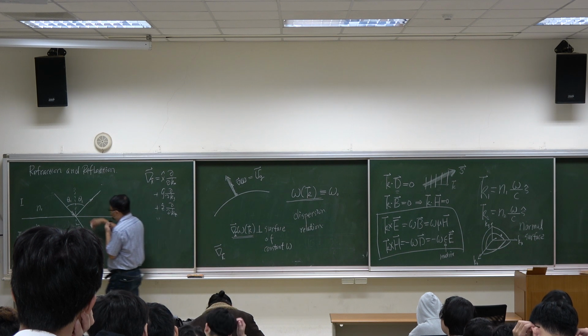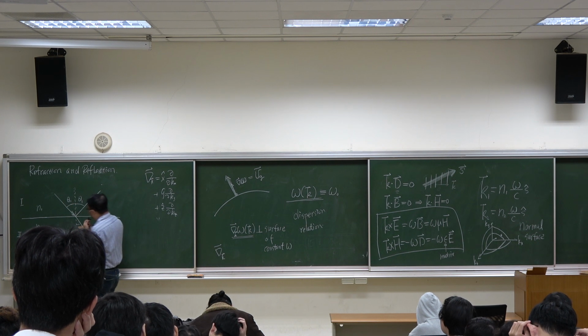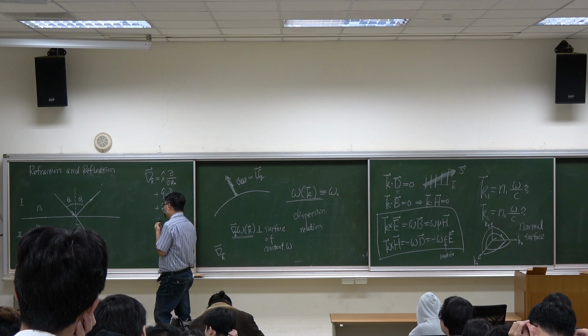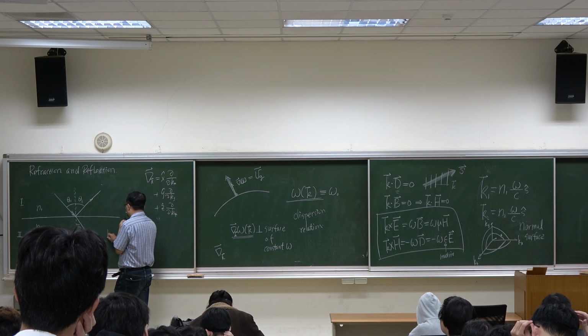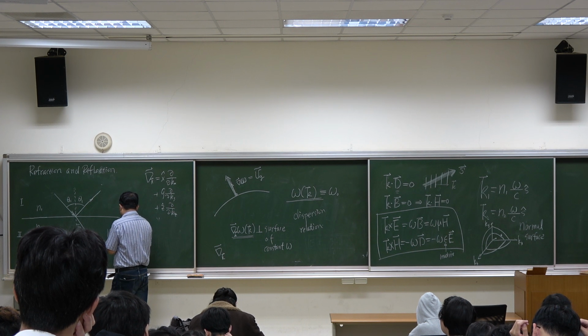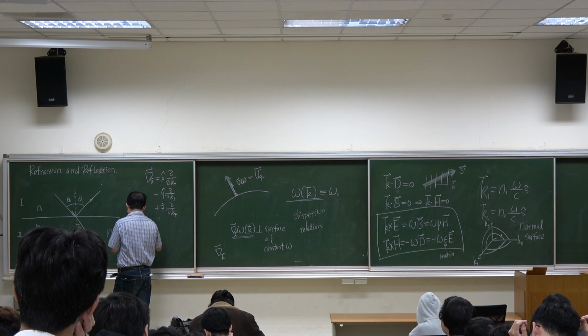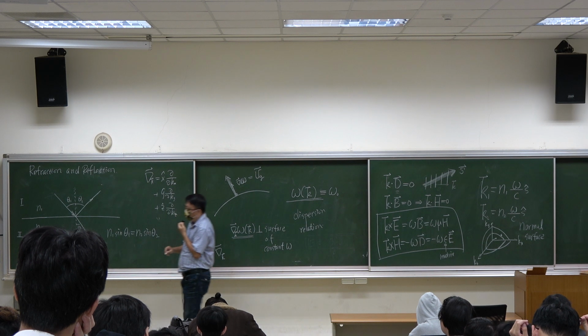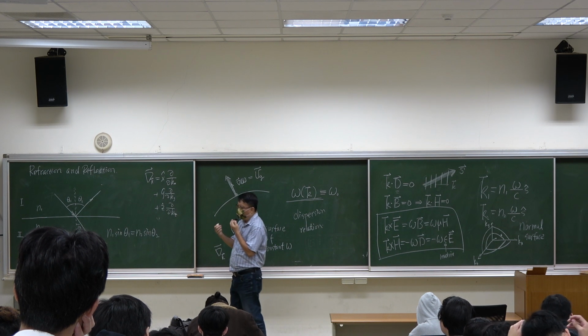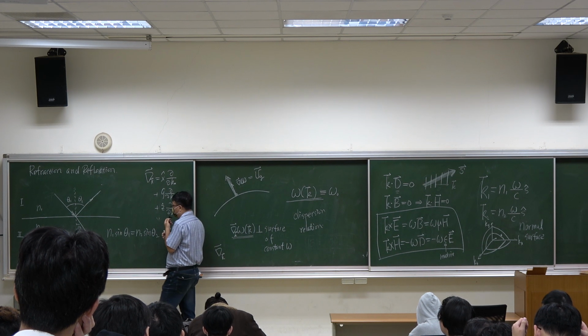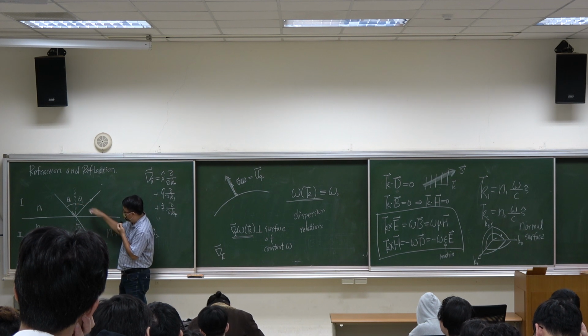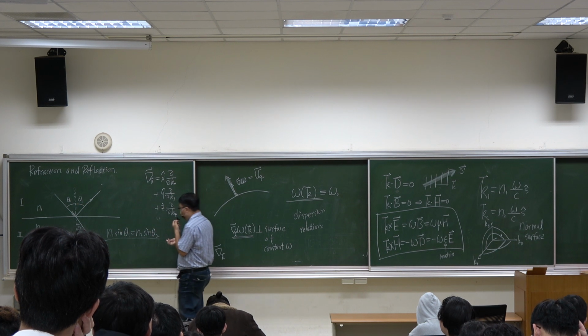Consider a beam of light incident from medium 1 to medium 2. Then we have the so-called Snell's law. You have at least two ways to derive this Snell's law.